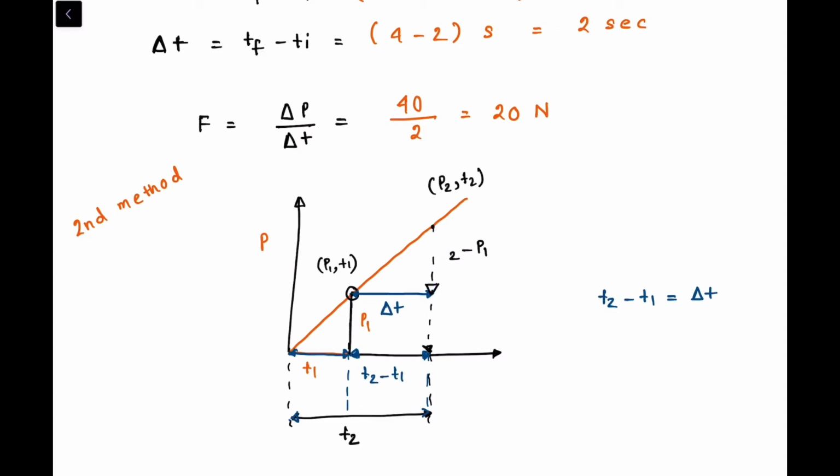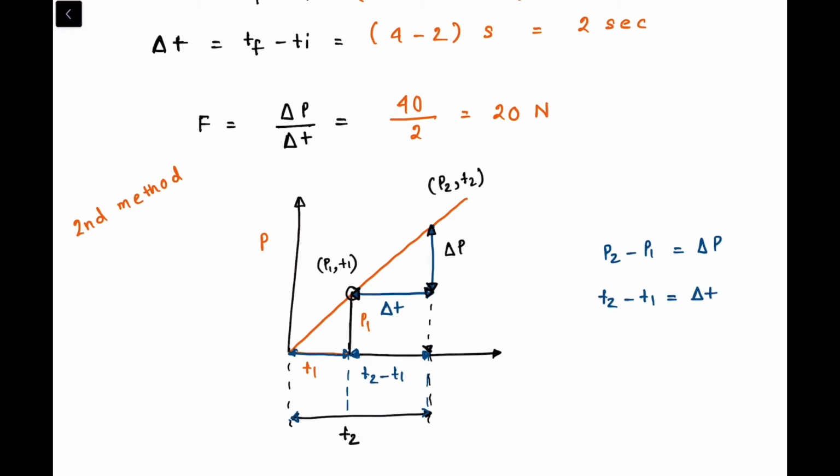Let me rub this so you will be clear. This was our delta T, and this will be P2 minus P1, which is nothing but delta P. So this is our delta T and this is our delta P.